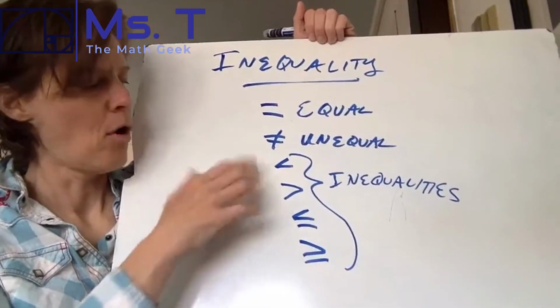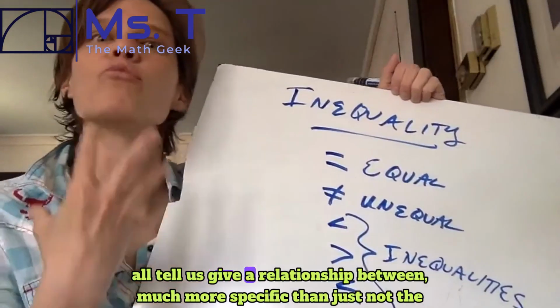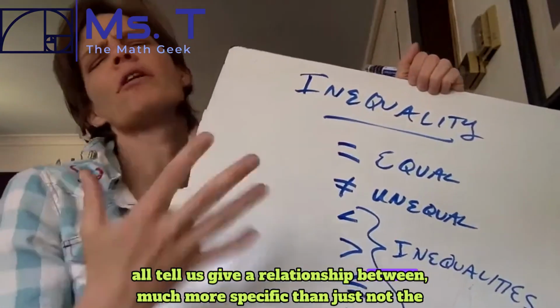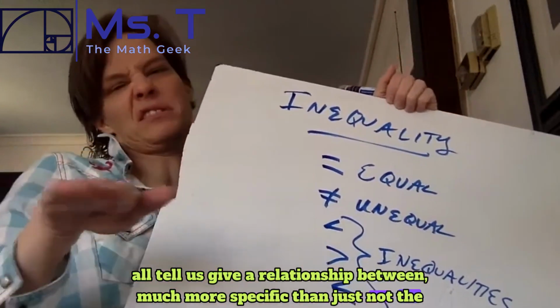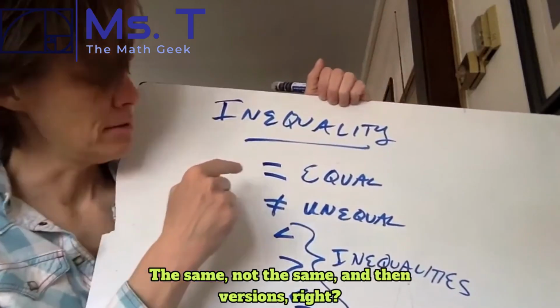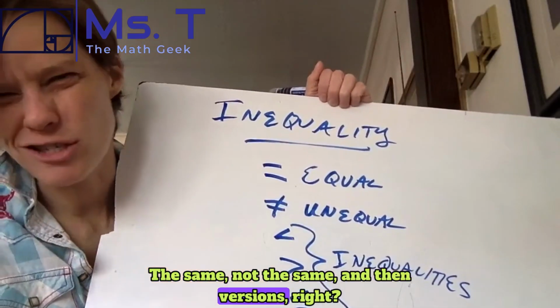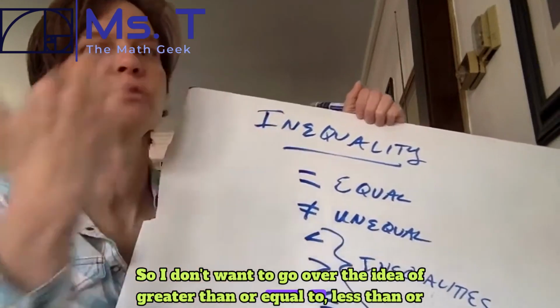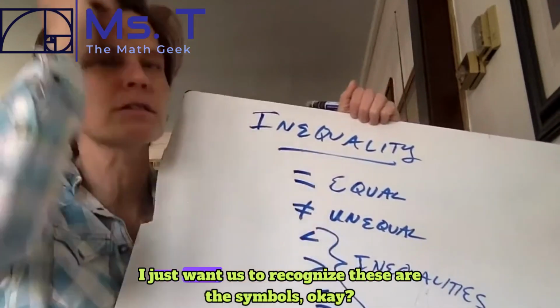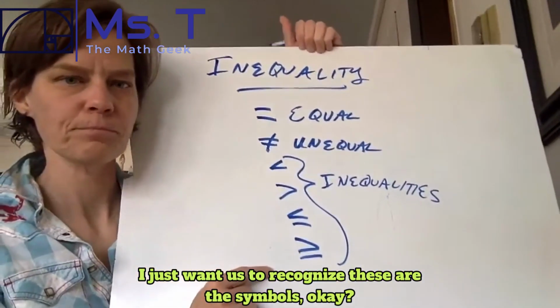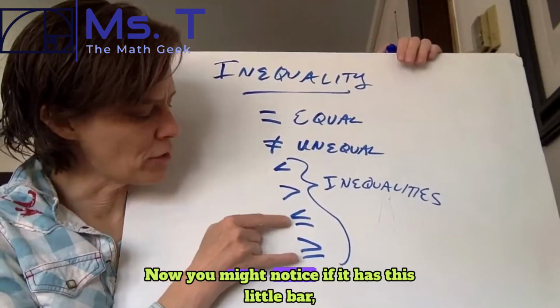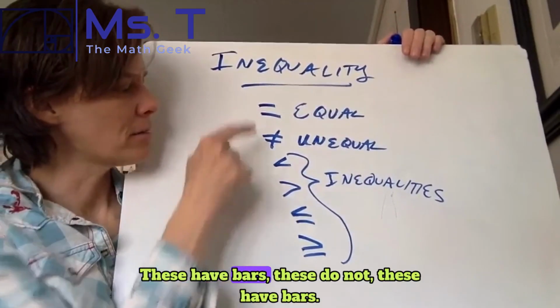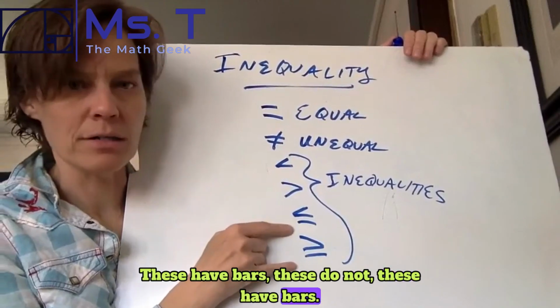These all give a relationship between them, much more specific than just not the same, okay? So I don't want to go over the idea of greater than or equal to, less than or equal to, less than, greater than. I just want us to recognize these are the symbols, okay? Now, you might notice these have little bars, these do not, these have bars.